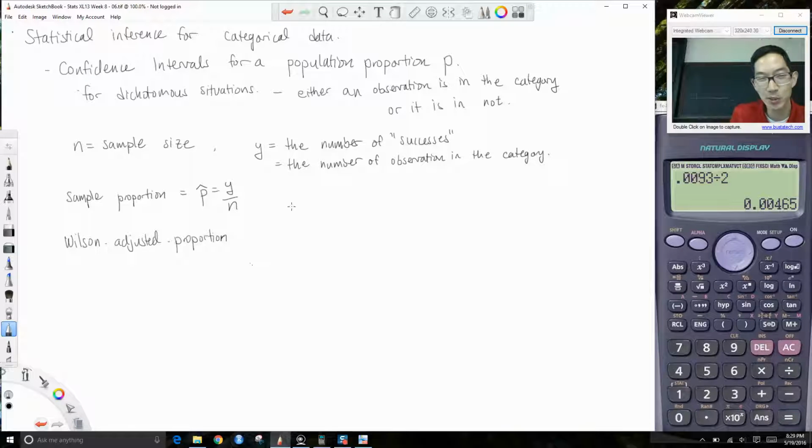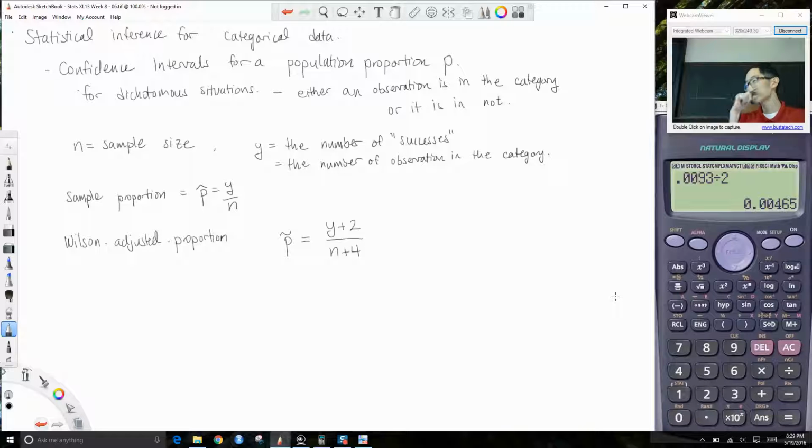So this is the Wilson adjusted proportion, and we use the symbol p squiggle or p tilde, and basically we just add 2 to y, and we add 4 to n.